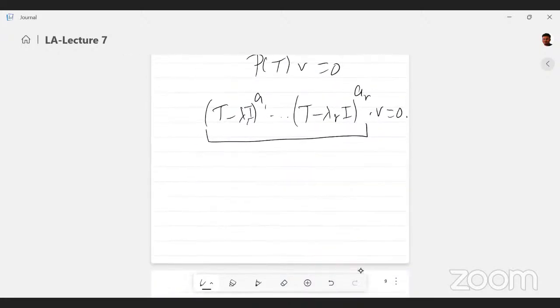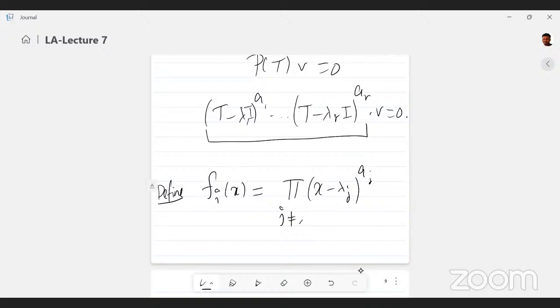So what I can take, define fi of x to be just: ignore only that ith factor, the product of (x minus lambda j) power aj, where j is not equal to i.